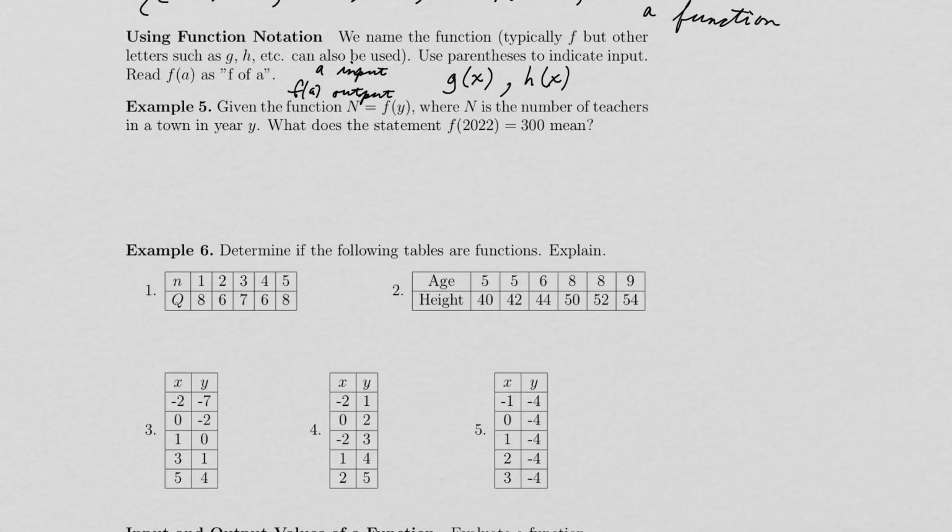What does the statement f of 2022 equals 300 mean? Well, if you notice here, the input is the year, right? Remember, it's the y, the year. So the input is the year y equals 2022.